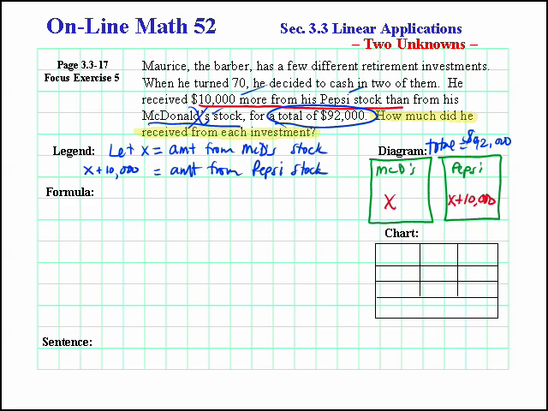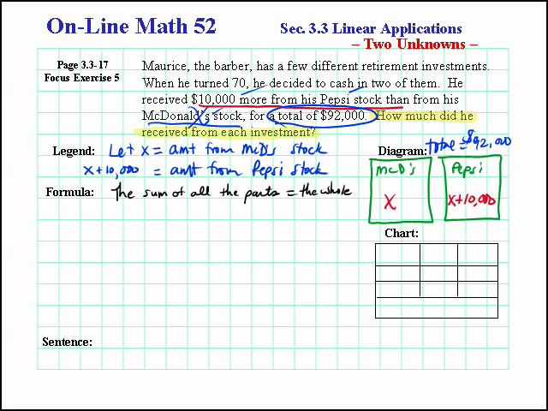Based on that, let's see, a formula. Well, we don't really have a formula for stock so much, but we do have what I call the generic formula. And the generic formula is this: the sum of all the parts equals the whole.